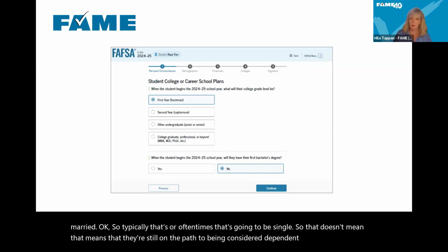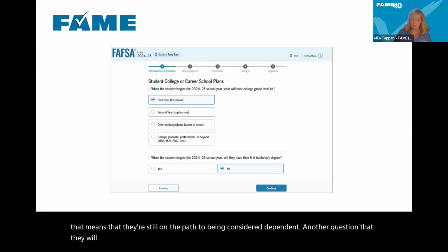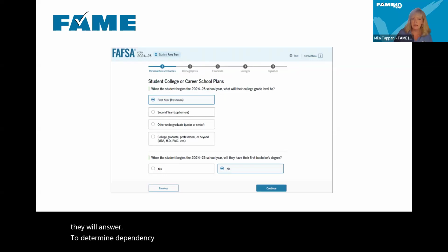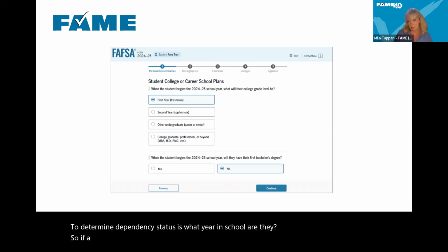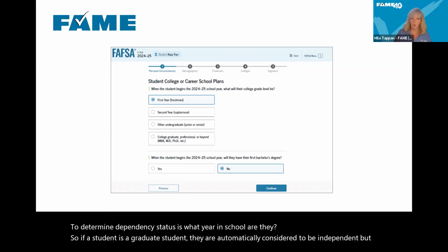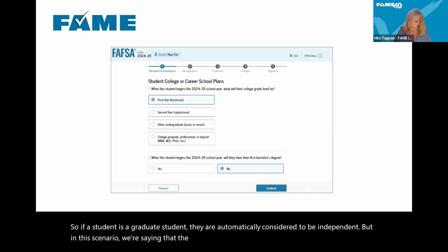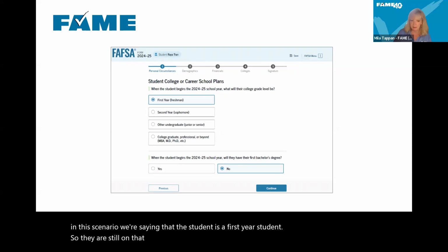Another question that they will answer to determine dependency status is what year in school they are. If a student is a graduate student, they are automatically considered to be independent. But in this scenario, we're saying that the student is a first year student, so they are still on that pathway to being a dependent student.